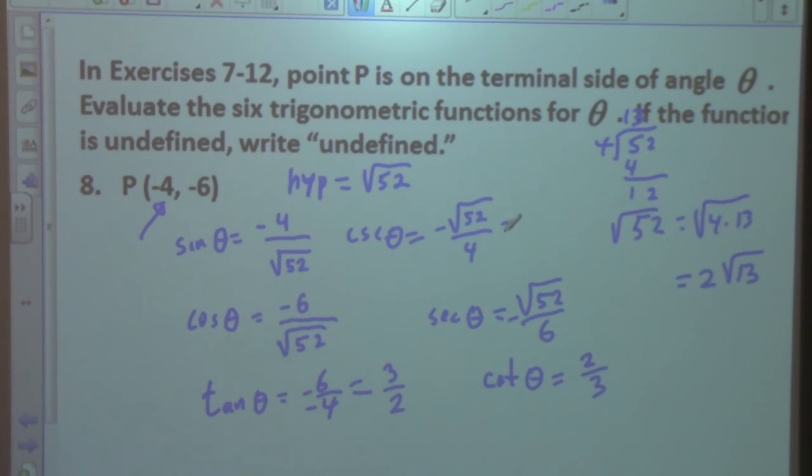If you have 2 square root of 13, you can write this as -2 square root of 13 over 4, which is going to end up being -2 square root of 13 over 2. So this could be simplified a little bit. Okay, but that's still right.